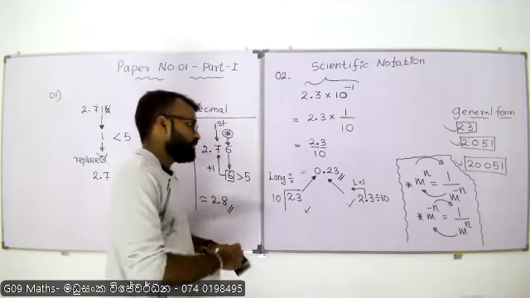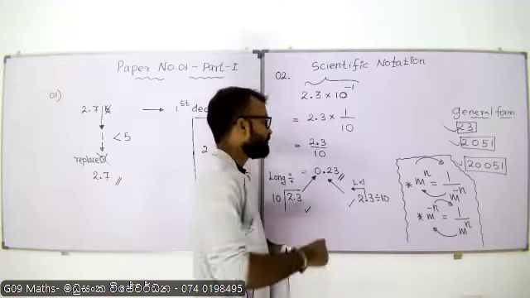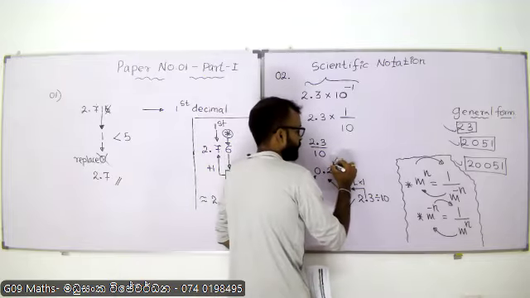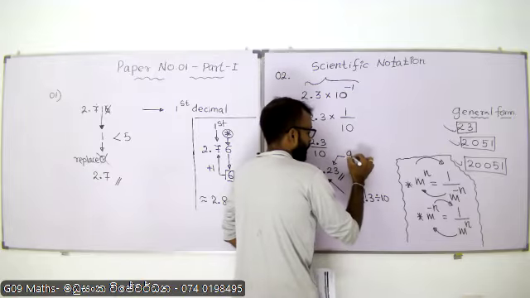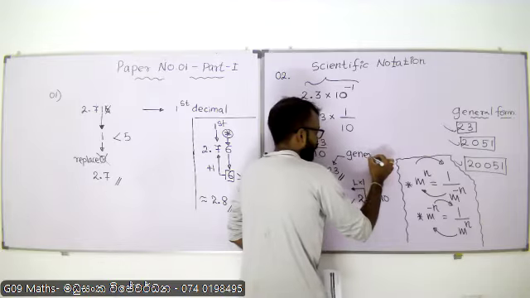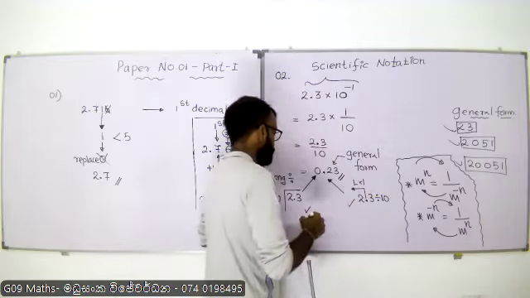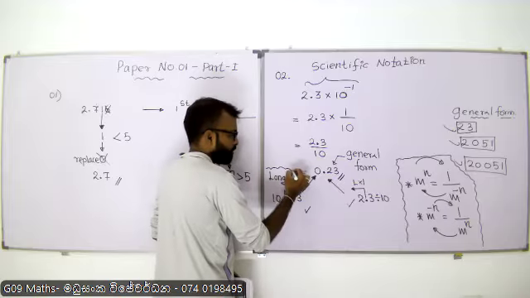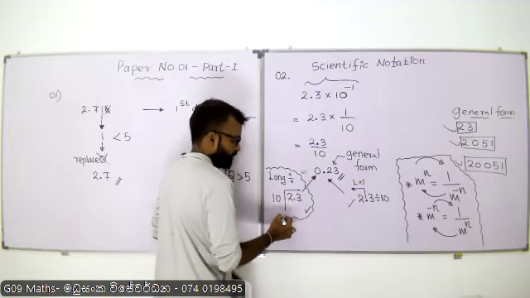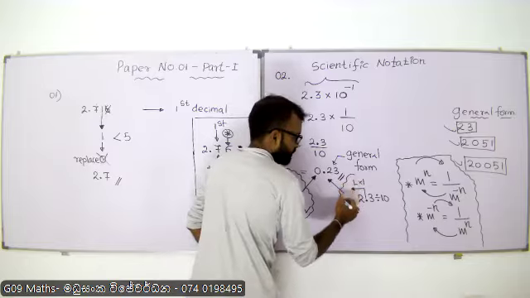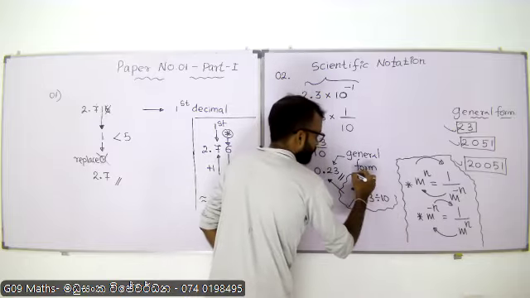So this is what we are calling the general form. These things are methods, rough things. You can calculate it later.